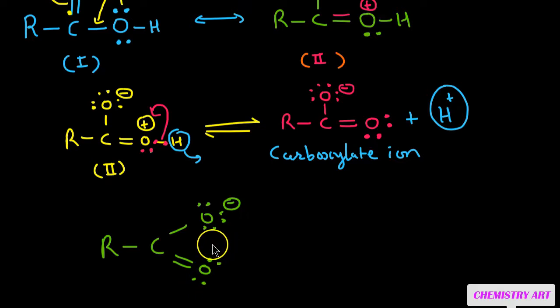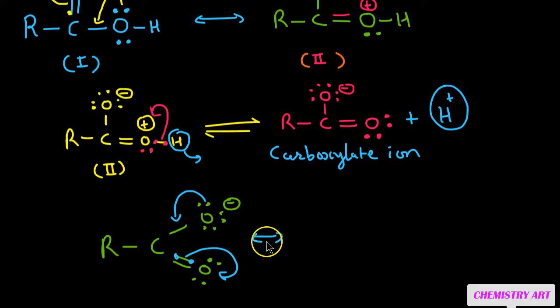Now, how can it be stabilized by the resonating structure? The transfer of electrons happens from where to where? Let's see. Here the negative charge is there, so the electrons will transfer over here, and the electrons of the double bonded carbon-oxygen will be transferred towards this oxygen.